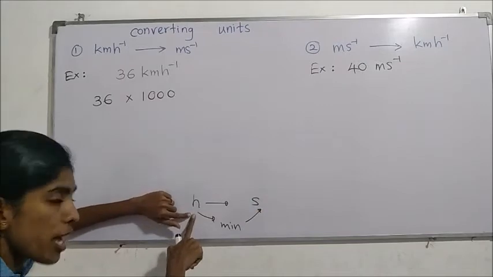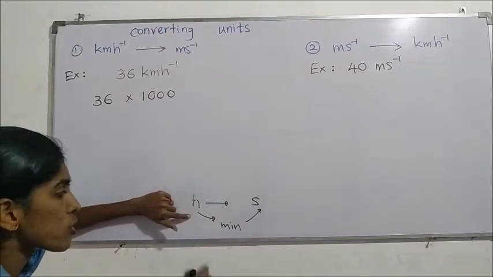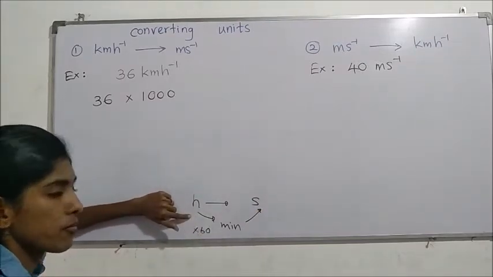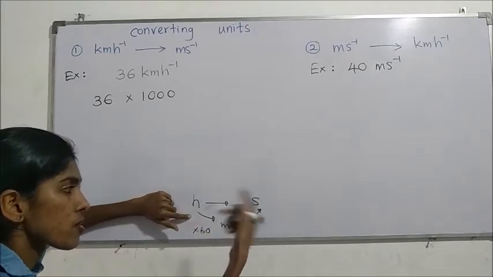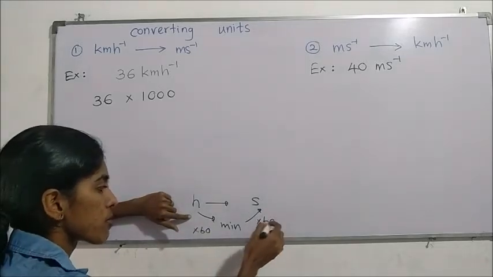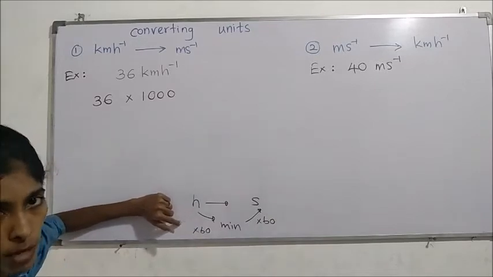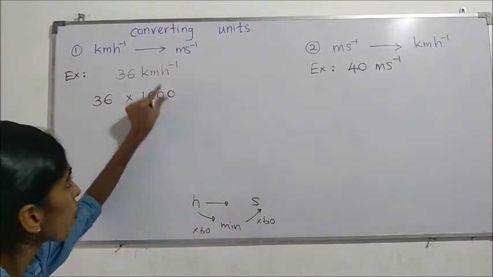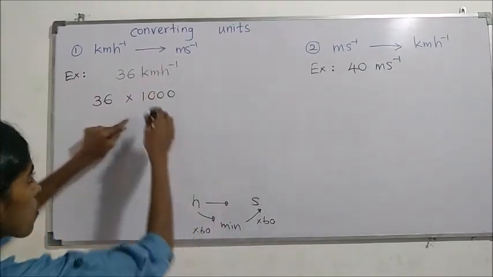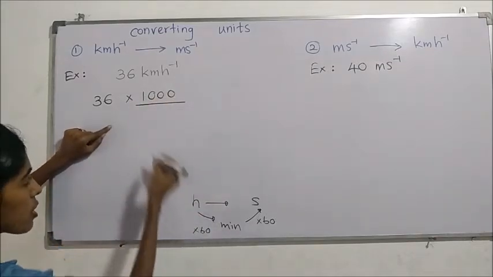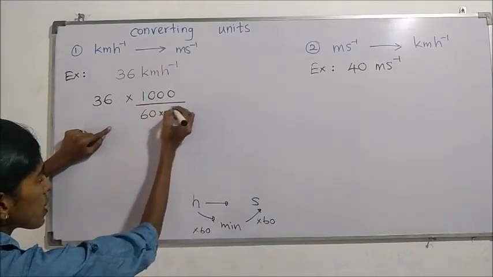Usually to convert hours into minutes you multiply by 60. And when you convert minutes into seconds, again by 60. That means by two 60s you need to multiply. Not up, because hours should come down. So down as the denominator we will mention this 60 into 60.